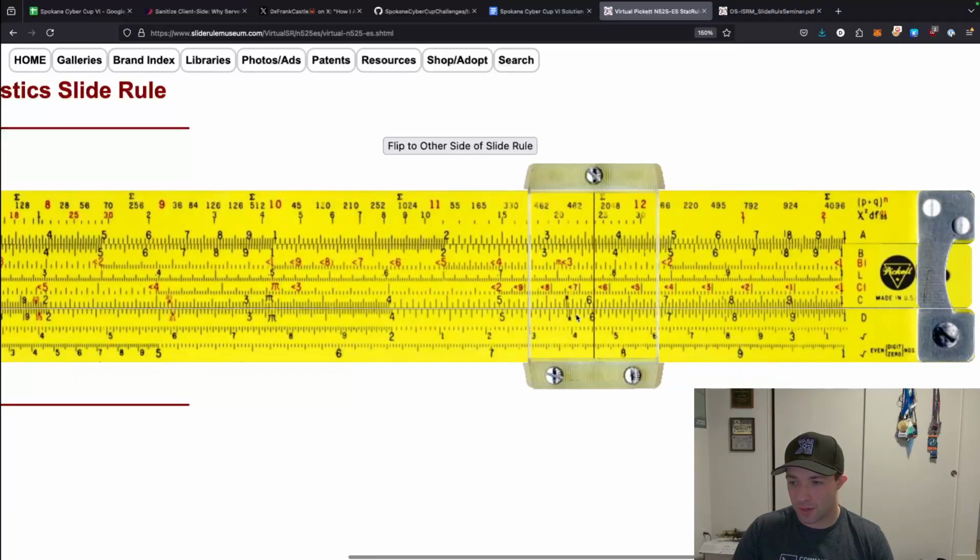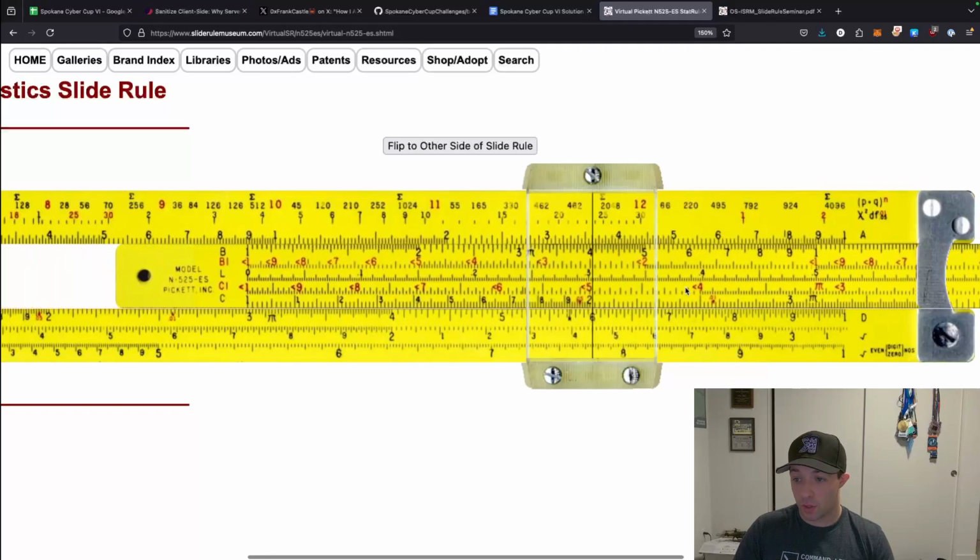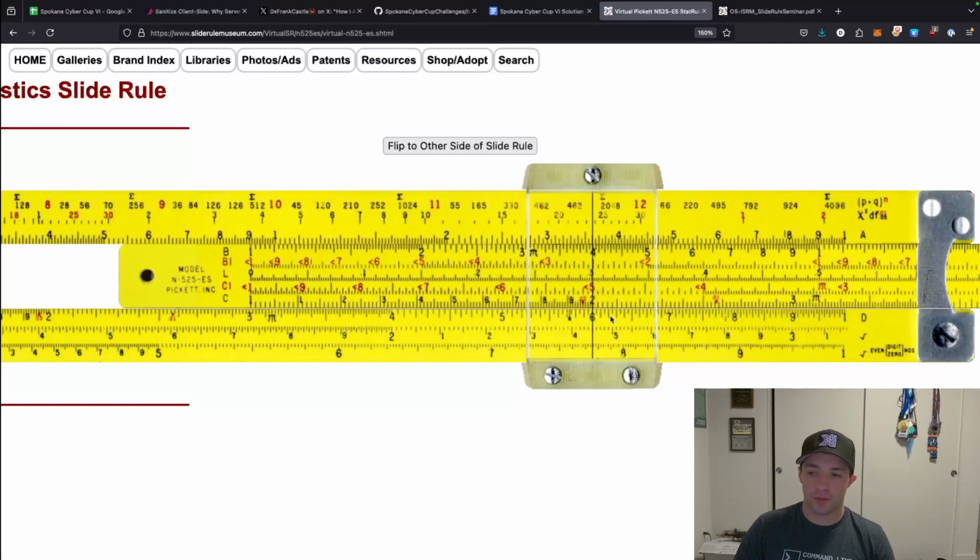We're going to put the cursor on the D scales number, and then we're going to move the C scale over to that. So now the 2 and the 6 line up, the divisee and the divisor. And if you go to the D scale, where the left index is at, we'll notice there's a 3, which 6 divided by 2 is 3. Perfect. So that's simple division.